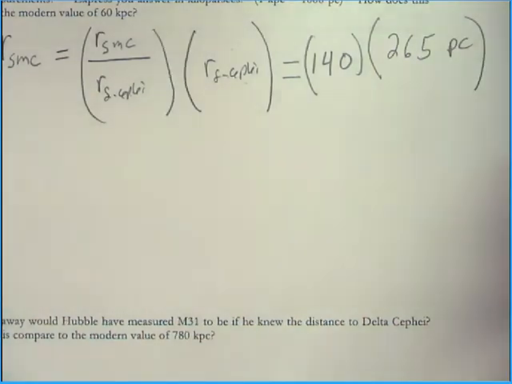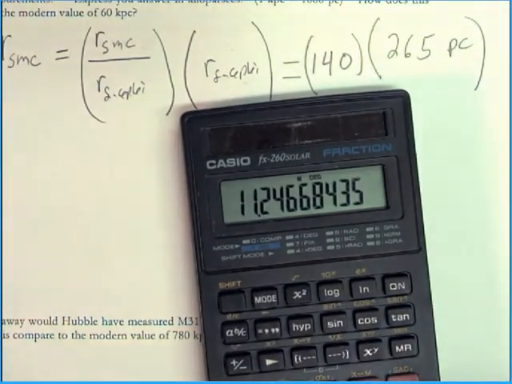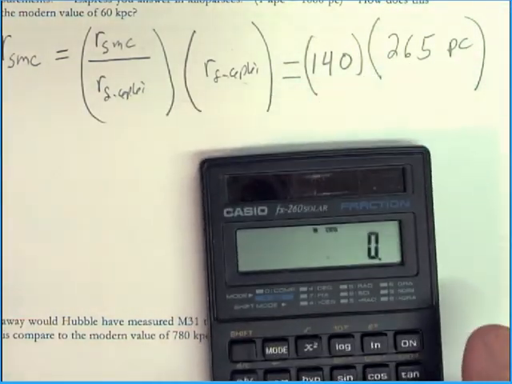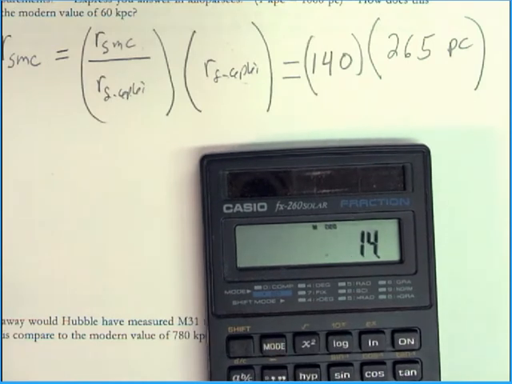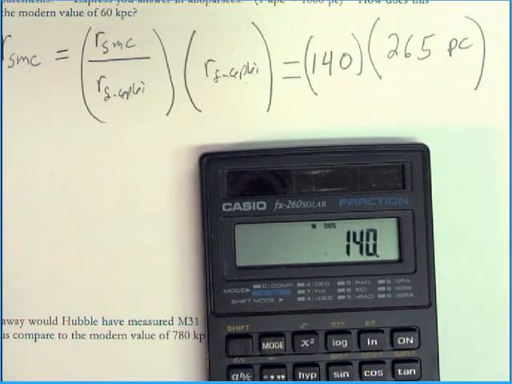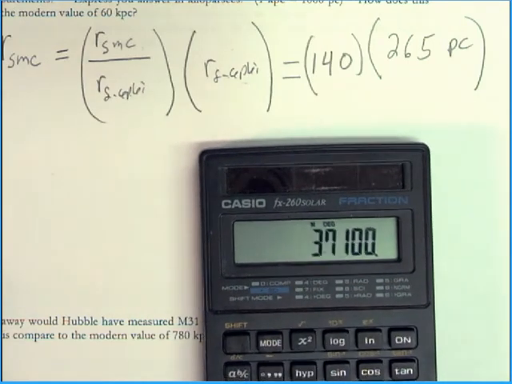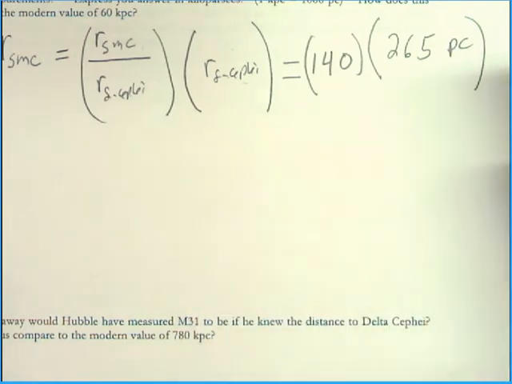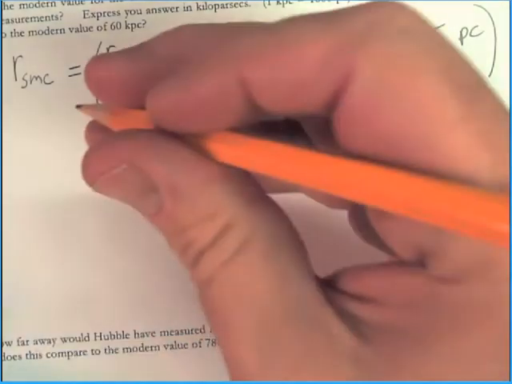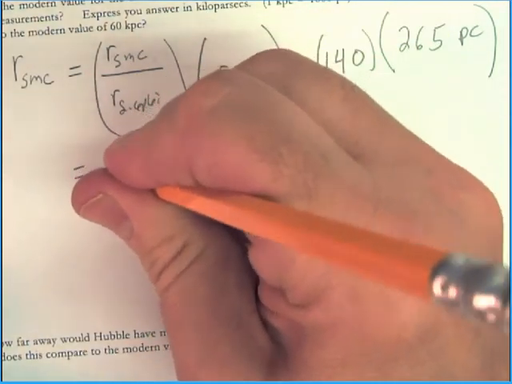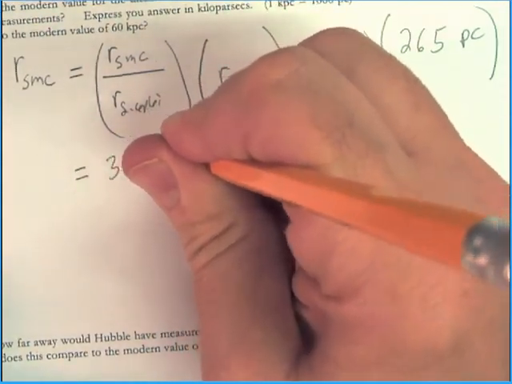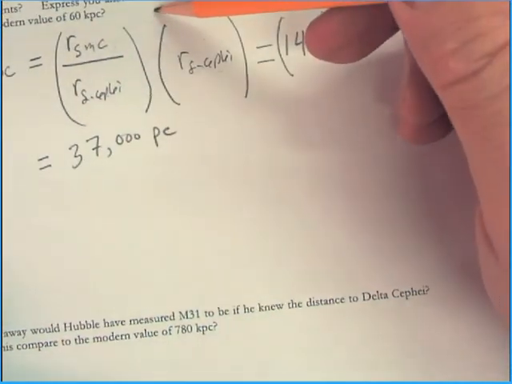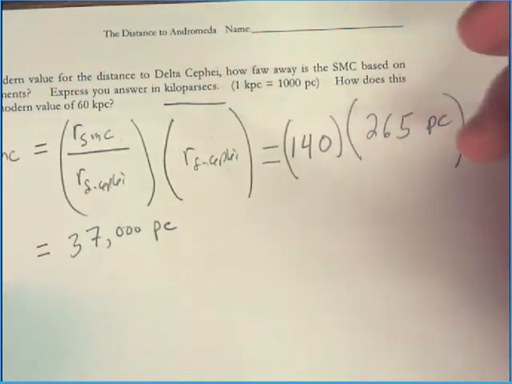Now we can take our calculator and we can say 140 times 265 equals 37,000. And it asks to express the answer in kiloparsecs.